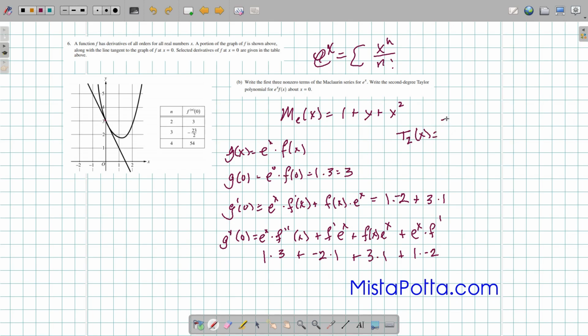So I have 3 x to the 0 over 0 factorial, plus this is really negative 2 plus 3, x to the first over 1 factorial, plus I've got this 1 times 3 plus negative 2 times 1 plus 3 times 1 plus 1 times negative 2, x squared over 2 factorial. Again, no reason for me to make a silly math mistake if it's going to cause me to lose points. So that's part B.